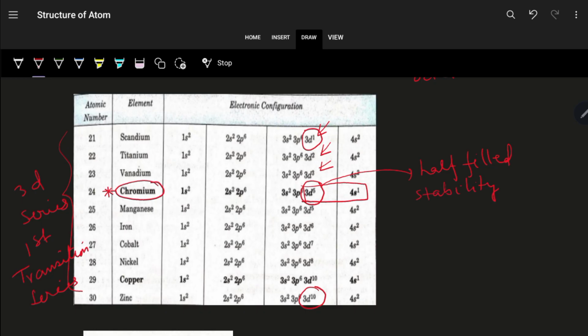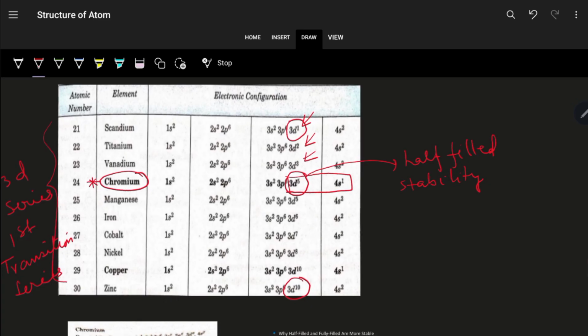What has happened here? Chromium could have 3s2, 3p6 and 3d4 configuration, right? But there was comparable energy between 3d and 4s, and of course 4s2 was also there.